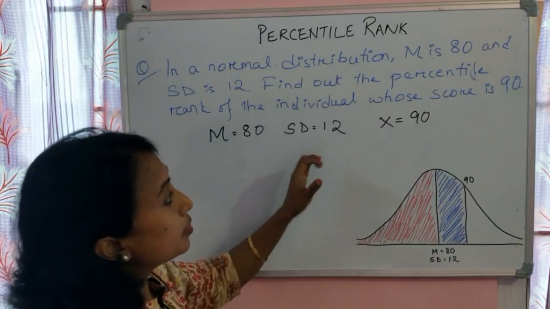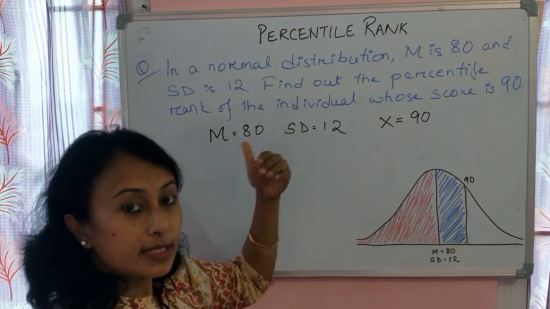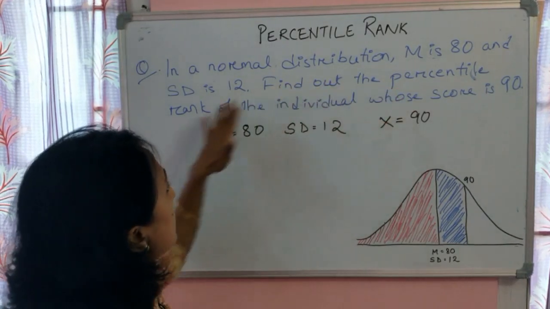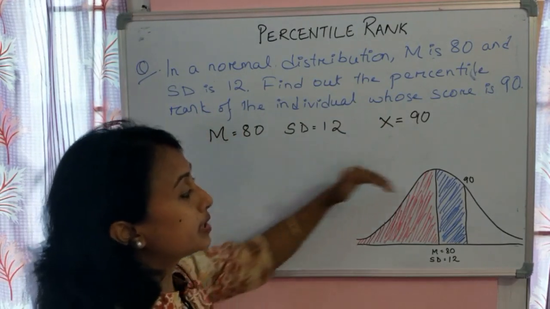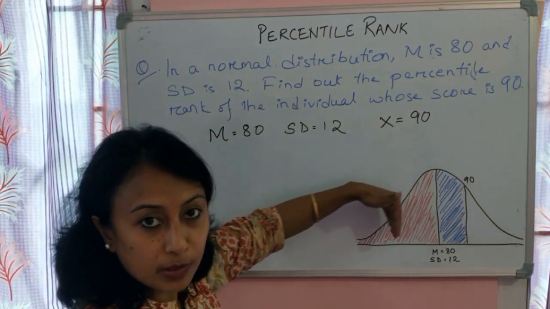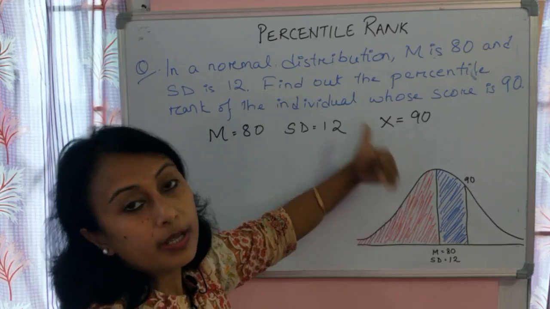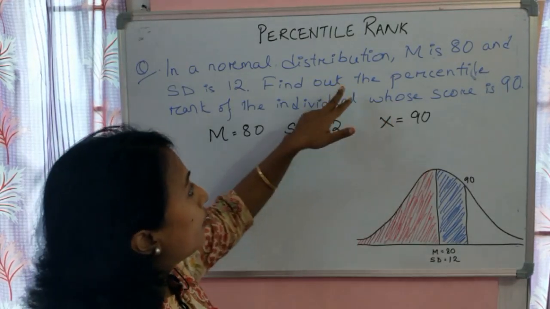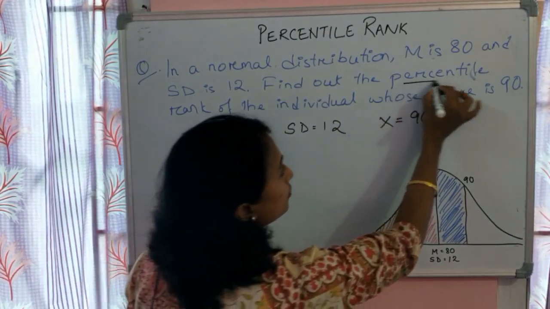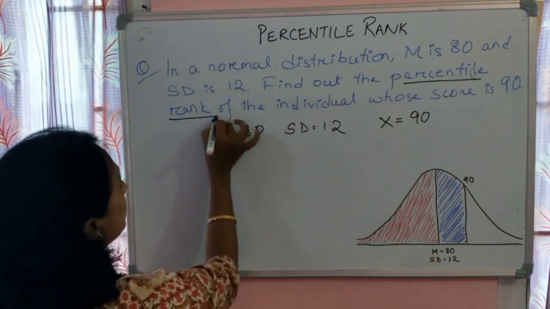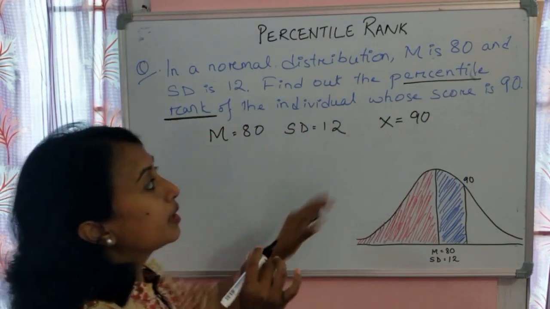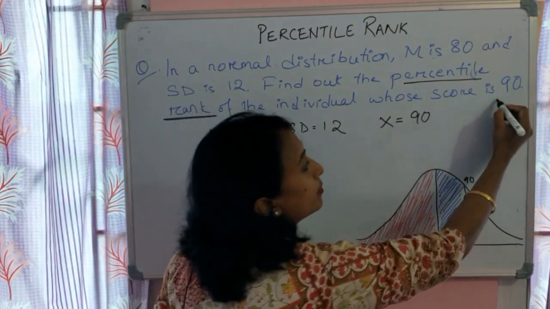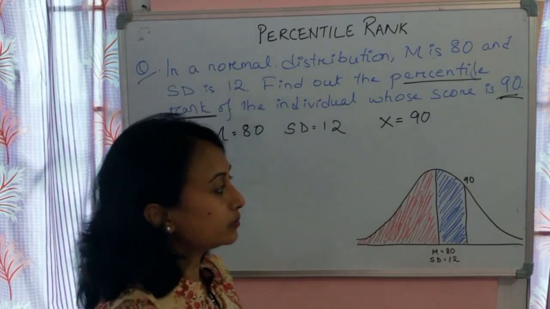We said it in the last video also, that percentage of scores lying below a particular score can give us the percentile rank. So when we are asked to find the percentile rank, we have to find the percentage of cases lying below this particular score.